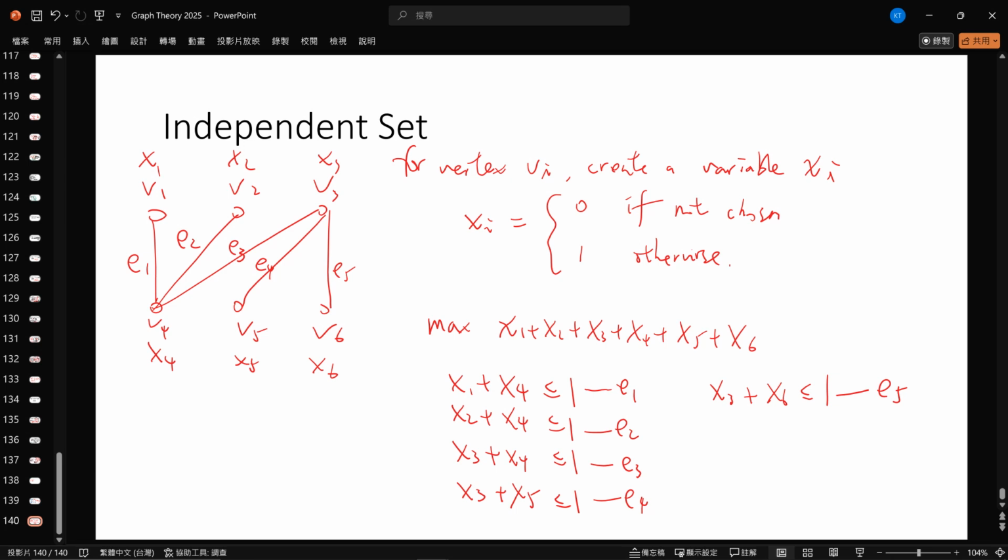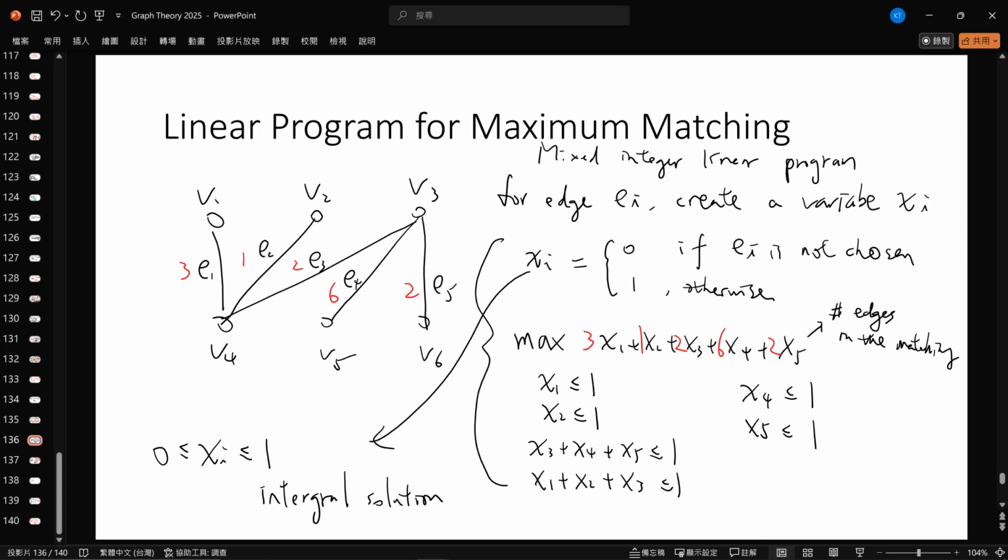And by the way, in the problem of maximum matching, we mentioned earlier that we can replace this binary constraint with a continuous constraint, saying that xi is in the range between 0 and 1.